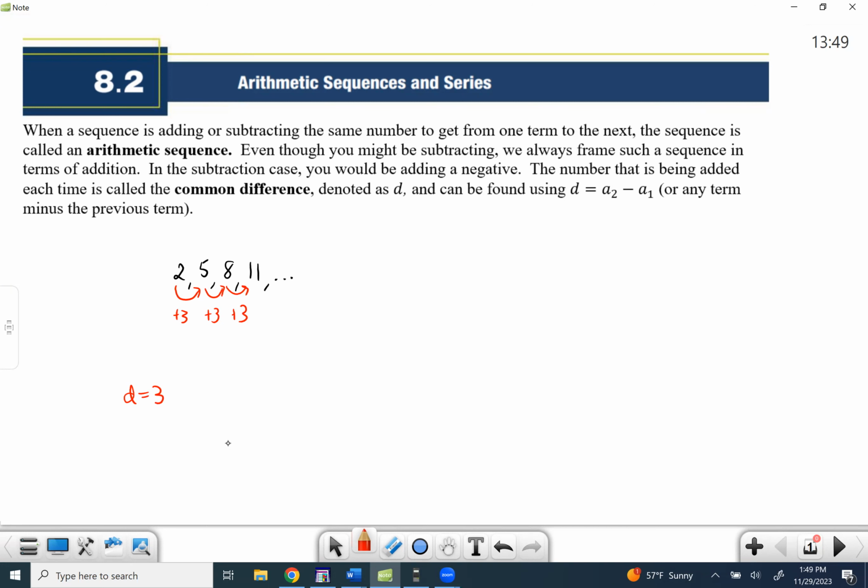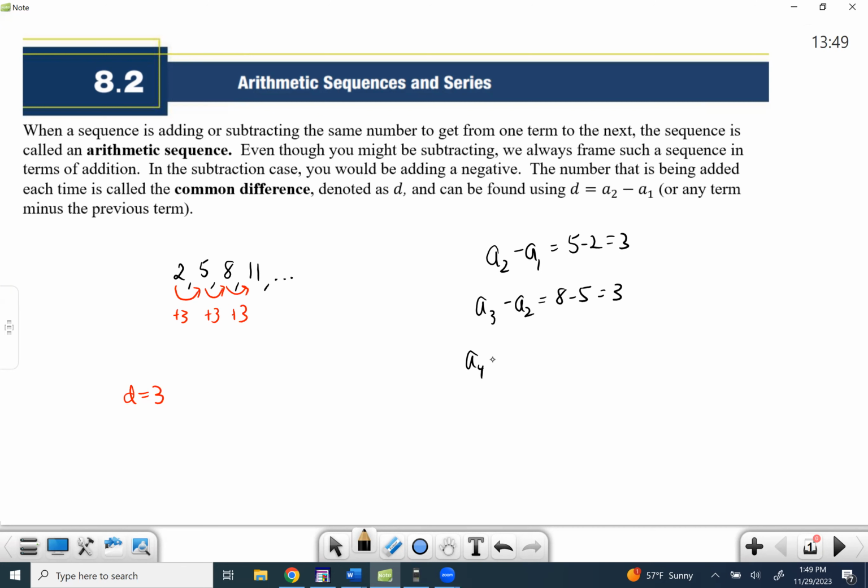It's called the common difference because if you were to take any successive terms, like the second term minus the first term, in other words 5 minus 2, you get 3. The third term minus the second term, 8 minus 5, you get 3.